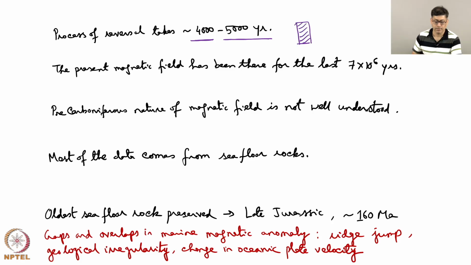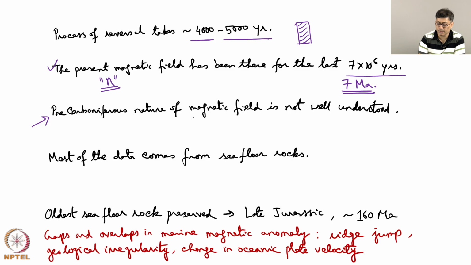domain. Some numerical data: the present magnetic field, that means the normal magnetic field at present, has been there for the last 7 × 10^6 years, or 7 million years. When we look at the older rock records, very old rocks become difficult to interpret for magnetostratigraphy.